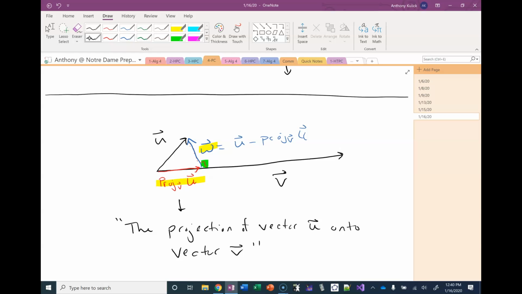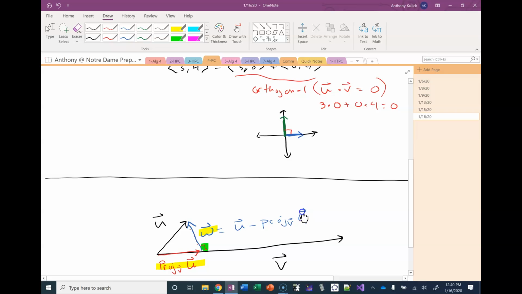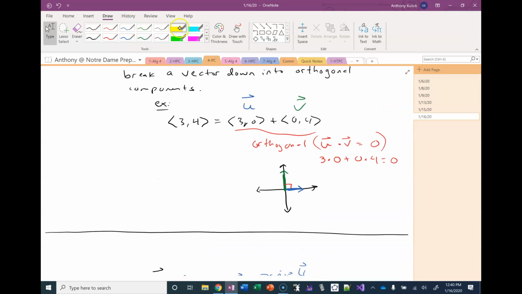One of them is the projection of vector u onto v, and the other is this vector w that I can find by just subtracting that projection from the original vector u, which is just like how we could find, if I knew this and this, how do I find vector v? Well, I can subtract vector u from the original, right? So that's the same idea that we're doing down there.